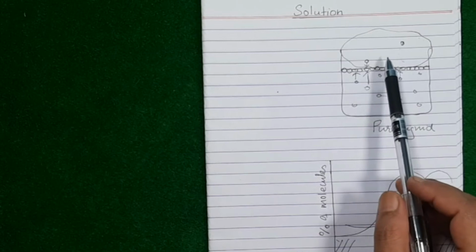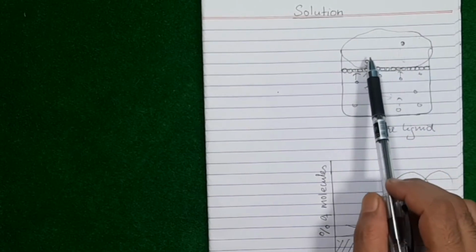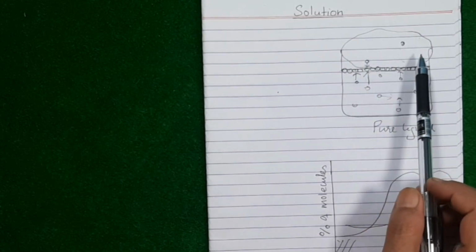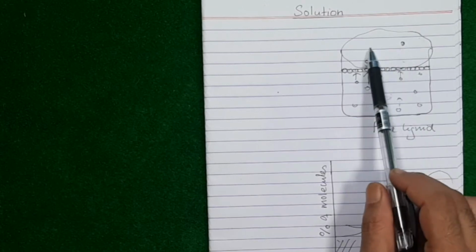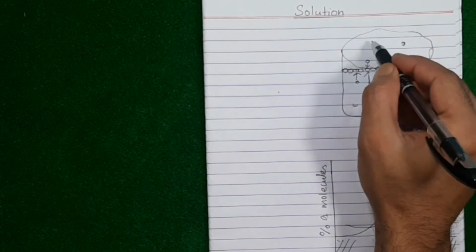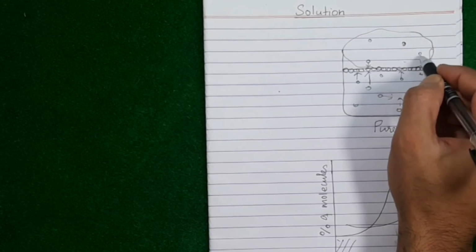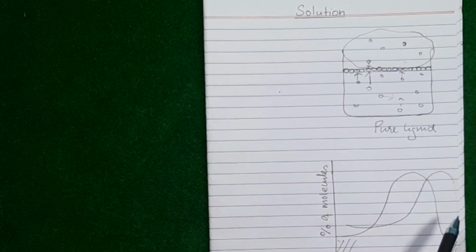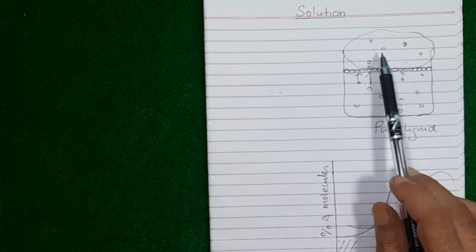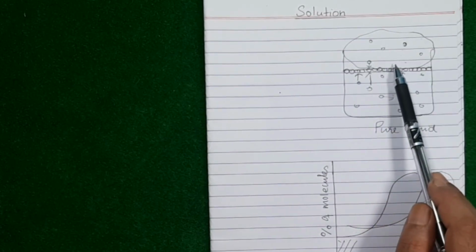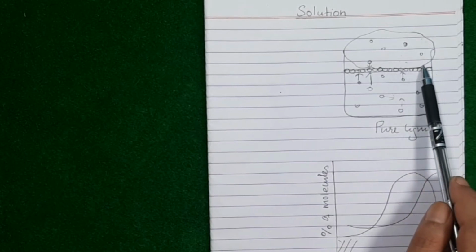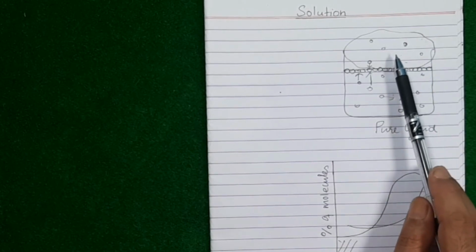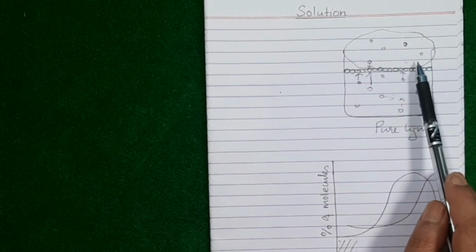In the same manner, there are many gases above the surface of this liquid, they exert their own pressure, and along with that there is the vapor state of this liquid. That vapor also exerts its own pressure depending on how much vapor is present, and the pressure exerted by the vapor state of this liquid is the partial pressure of the vapor, because it's the pressure exerted only by the vapor, not by other gases.